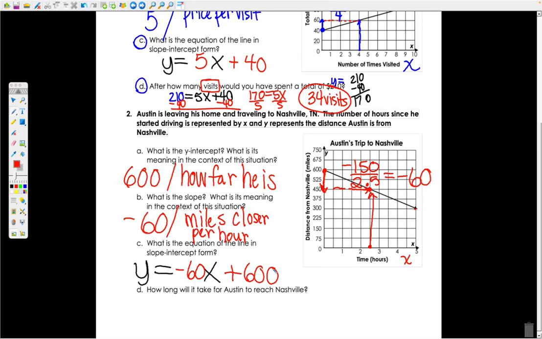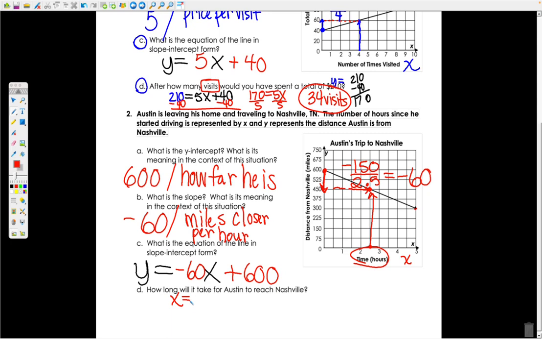But if you were wanting to look at the equation aspect, if I'm asking how long will it take, it is asking for the time. The time is the x. So you're trying to find what the x value is. If you're trying to find the x, that means they're giving you the y. Let me think about this for a second.